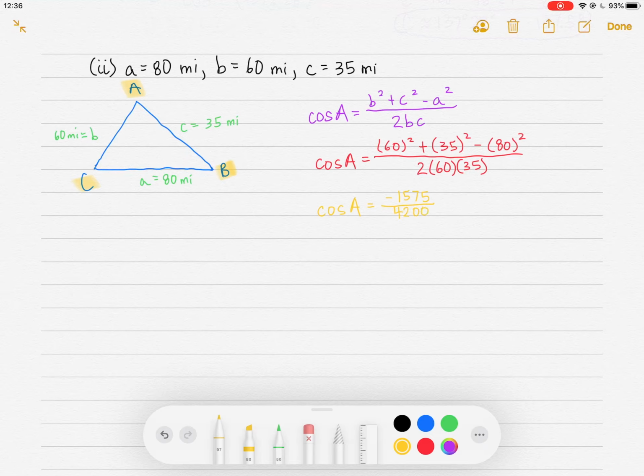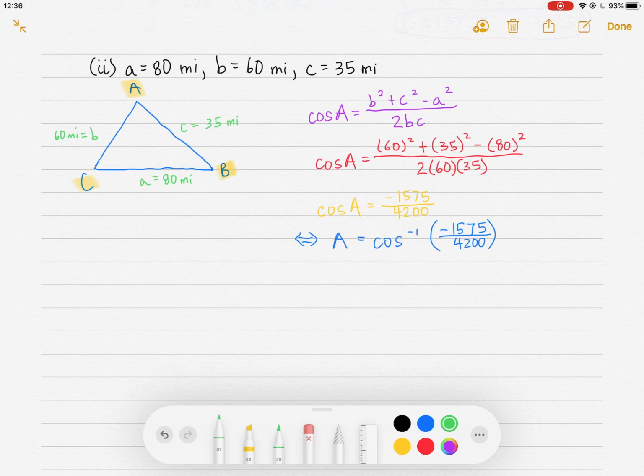Sometimes people get a little weirded out because our cosine is equal to a negative. That's perfectly fine. This is true if and only if our big A is equal to cosine inverse of negative 1575 divided by 4,200. And cosine inverse, we do know a little something about him.